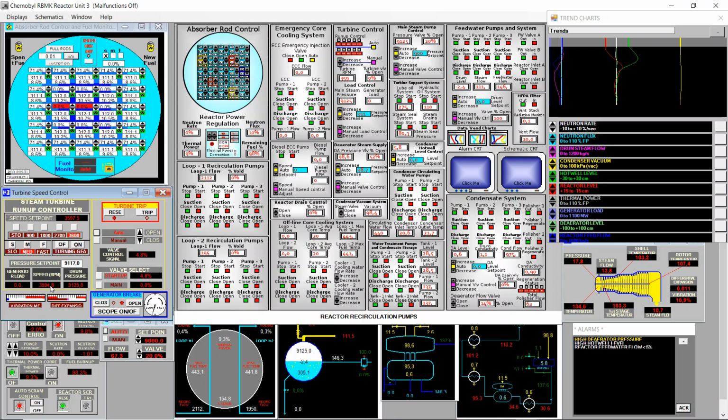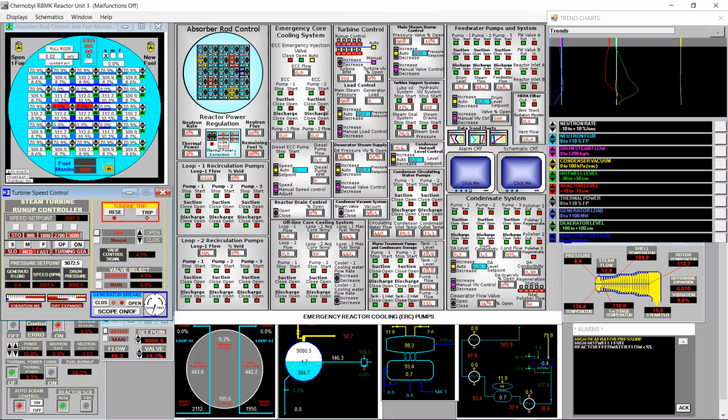What is supposed to be done in this test is to see if the inertia of the turbine during a trip of the reactor can keep the recirculation pumps in loop 1 and loop 2 running to keep the reactor being cooled, and also to avoid the increase of reactivity if the voiding increases in a case of a reactor scram.